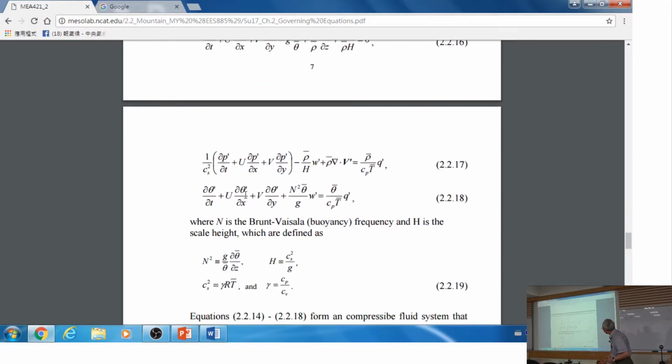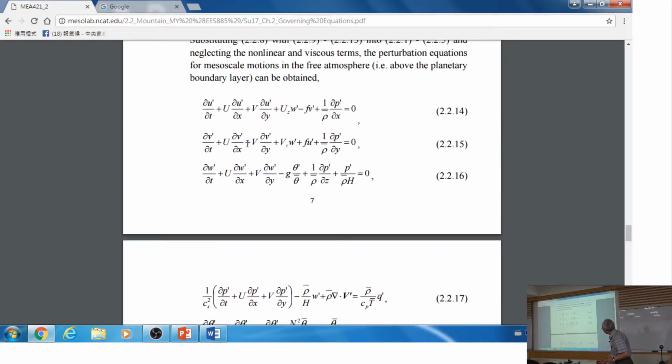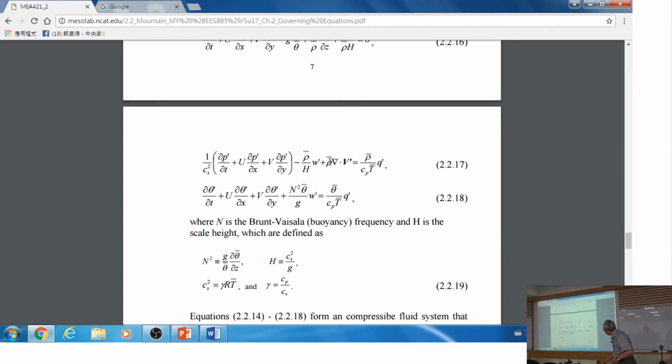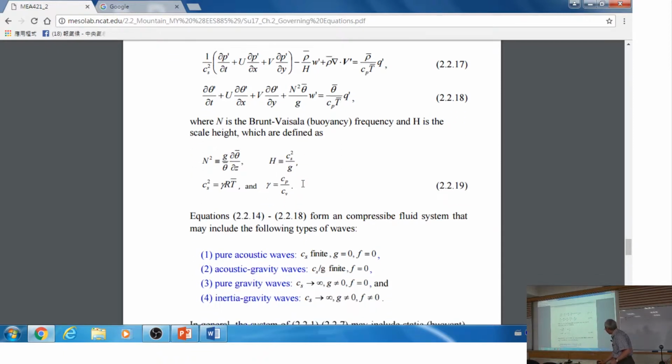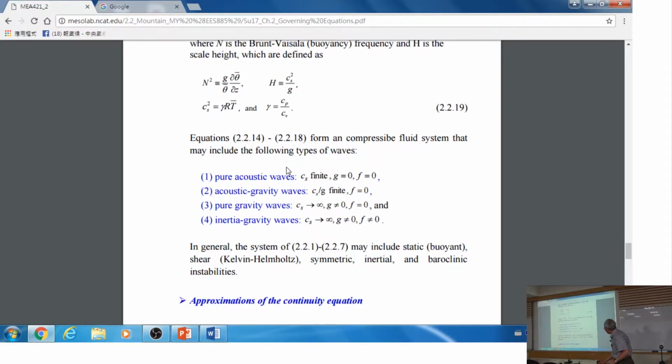So you still have a momentum equation in the x direction, y momentum equation, z momentum equation, and we have this continuity equation, and then the thermodynamic energy equation, and the background flow, like N squared, the basic Brunt-Vaisala frequency squared, equals g over theta bar, partial theta bar partial z. I don't think I have to go through this.